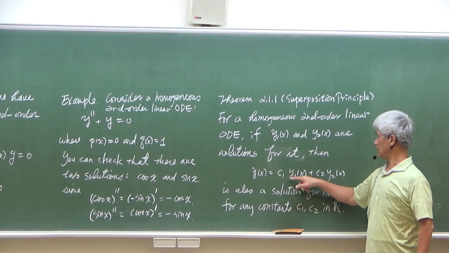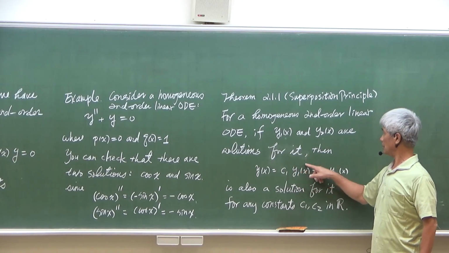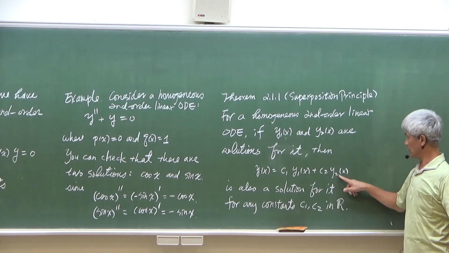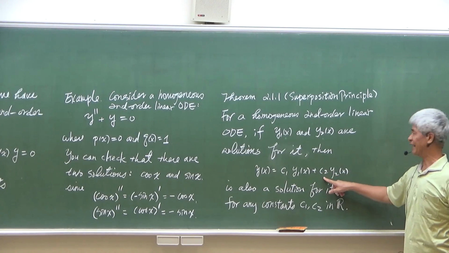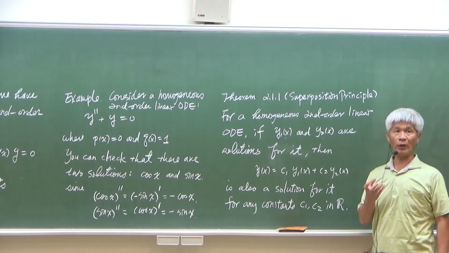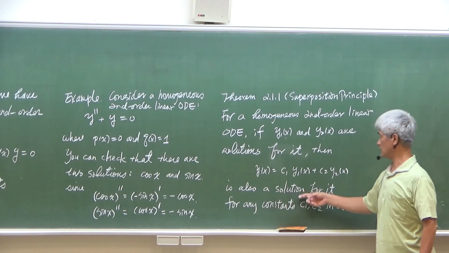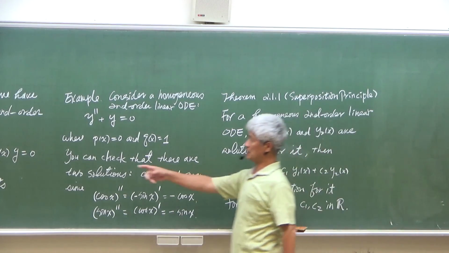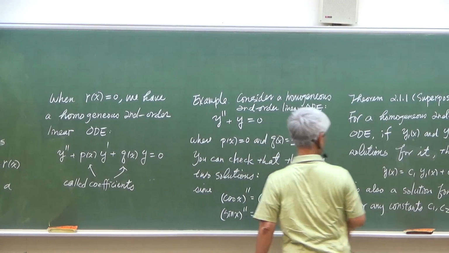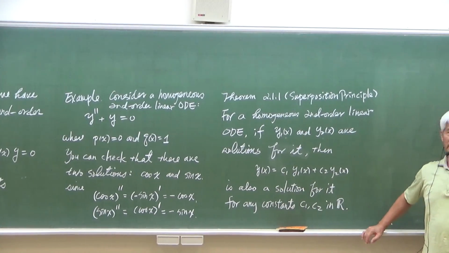Namely, we multiply y1 of x by a constant, multiply y2 of x by another constant, and add them together to form a new function. We call it y of x. This new function must be a solution of this homogeneous linear ODE for any C1 and C2 in the set of all real numbers.